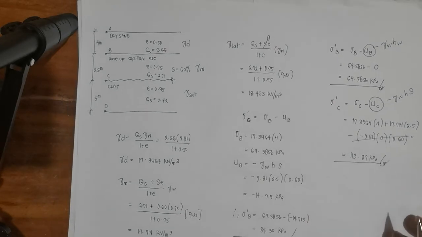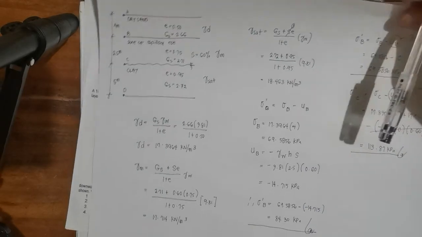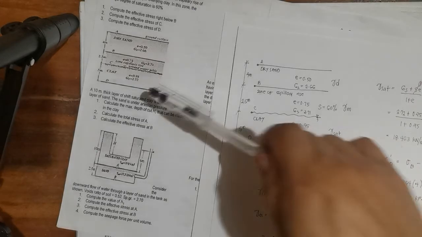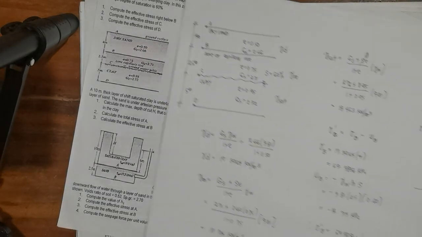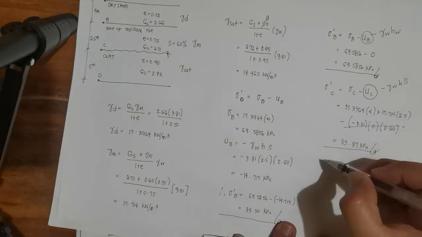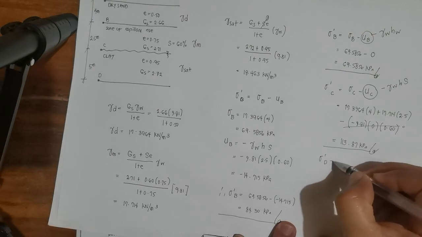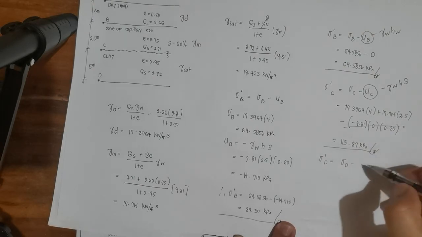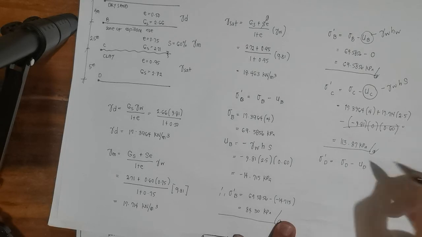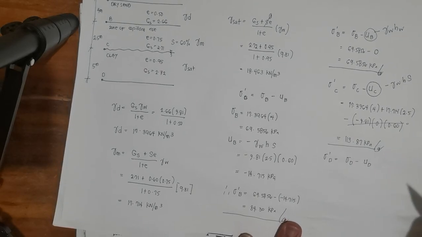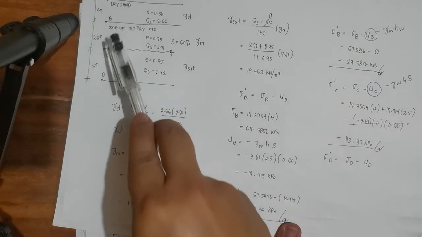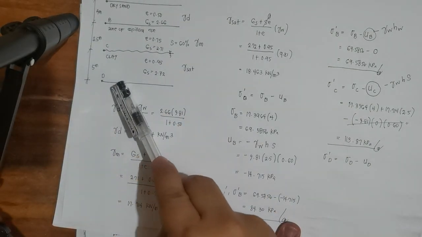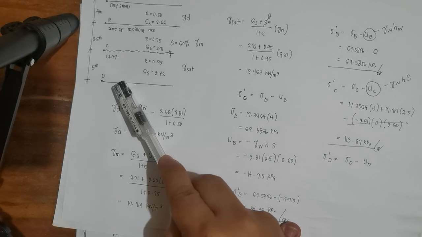And then, solving for the last one, the effective stress at point D. So, effective stress at point D, that will be equivalent to total stress at point D minus water pressure at point D. Okay, so from the ground surface up to point D, we are considering 3 layers of soil now.